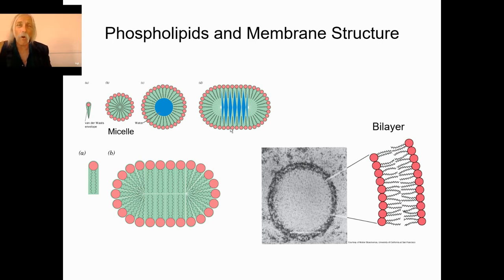They close upon themselves because they curve in association with the amphipathic nature of the phospholipids, which are the composition of the membrane lipid. So sometimes you make bilayers, sometimes you make various other structures. And we are going to start naming these other membrane structures right now.